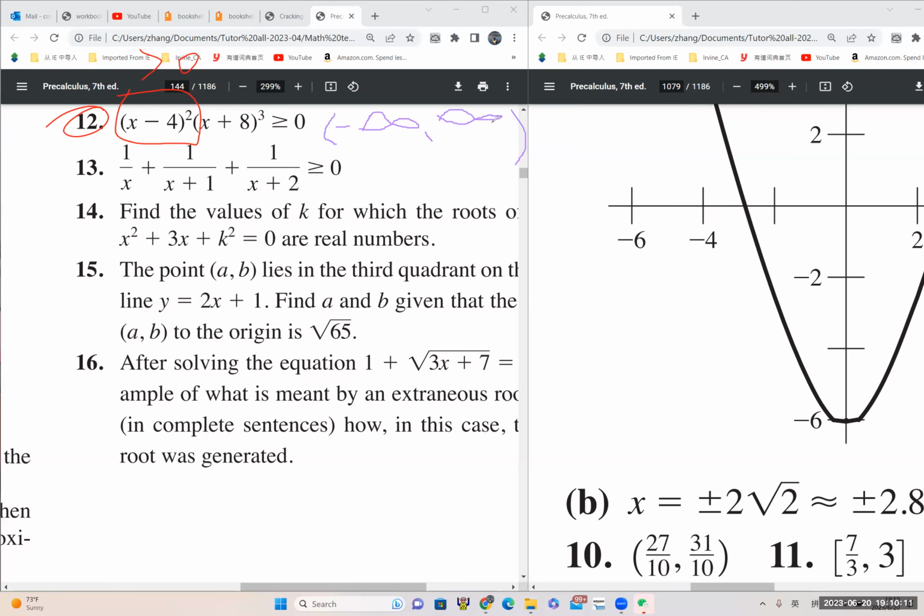Then in order for this to be greater than 0, this should be positive. So (x plus 8) cubed should be greater than 0, right?